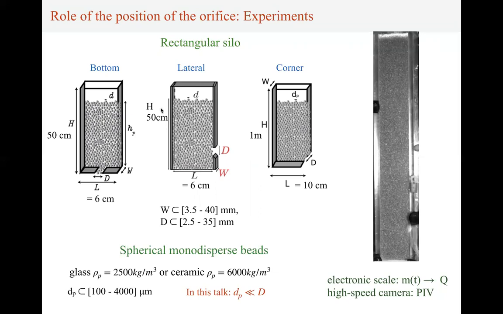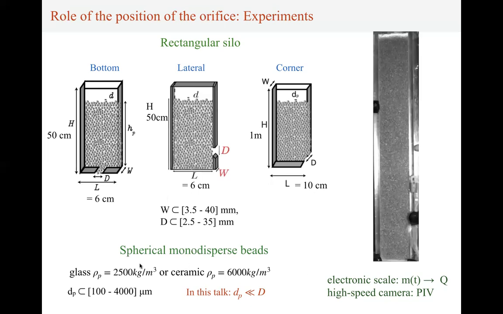It is a really nice apparatus which is easy to build, and we can change 2 important parameters: the size of the orifice, that we note D, and the thickness of the silo, which is an important parameter. We change it from 3 to 40 millimeters.